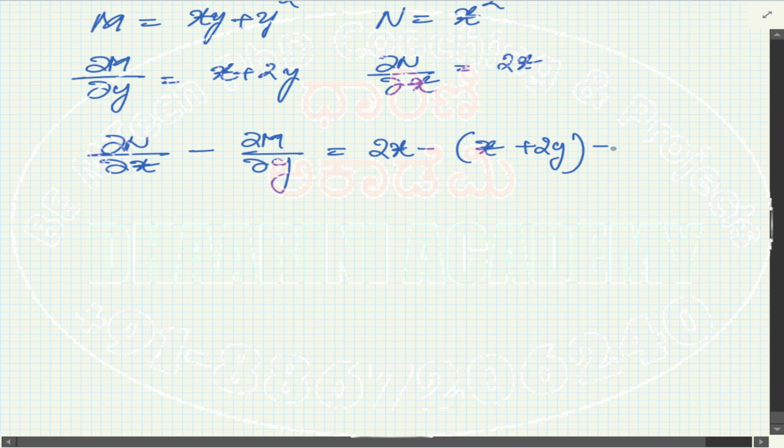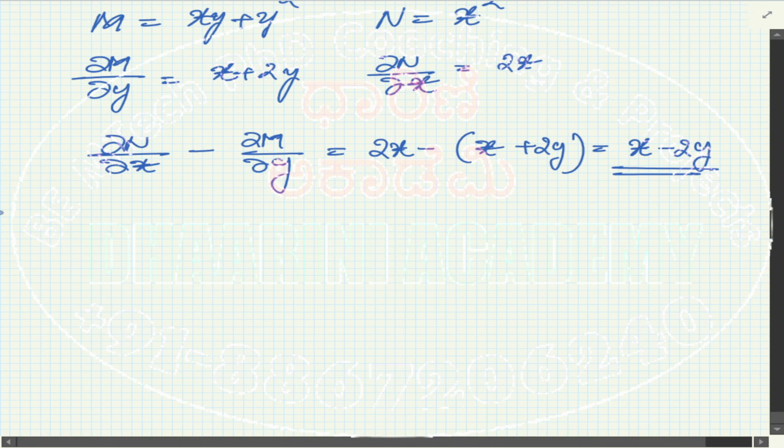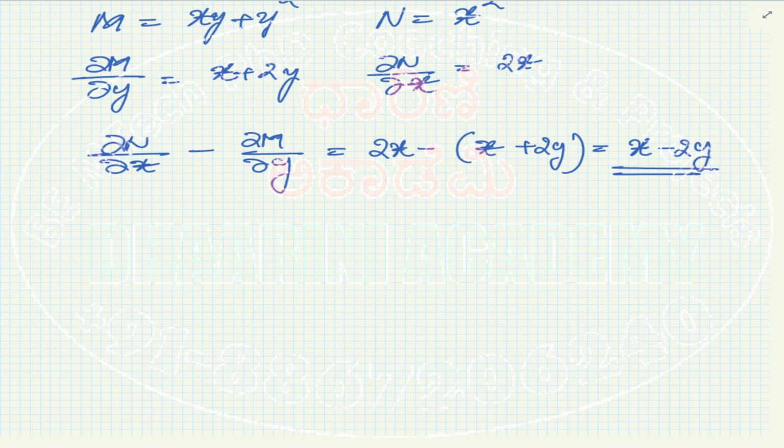So I can reduce this to 2x minus x is x minus 2y. This should be used in the integration. So first, let us recall, we need to find R, which is the region bounded between the two curves, y equal to x square and y equal to x.